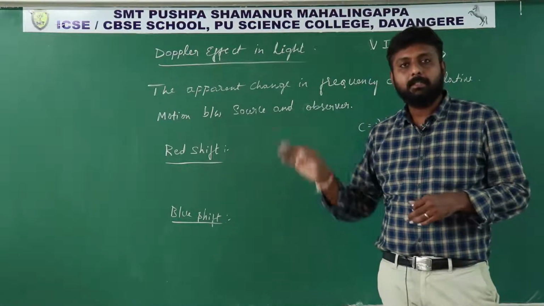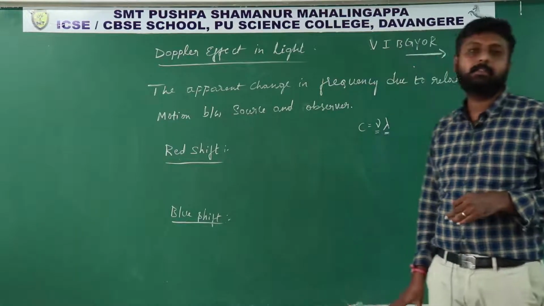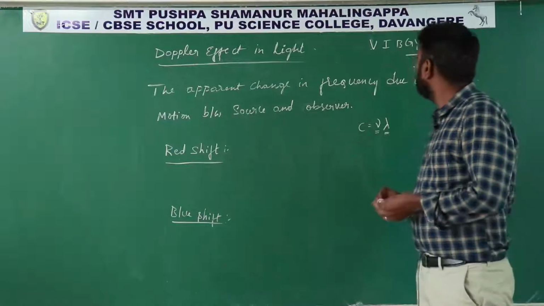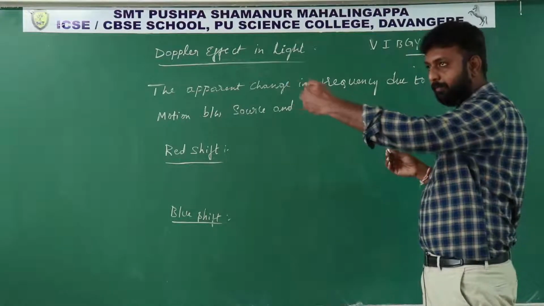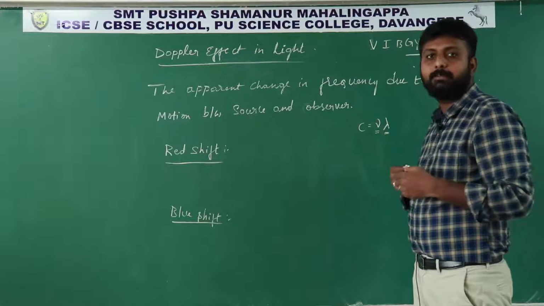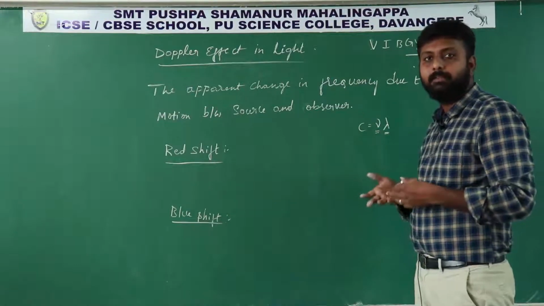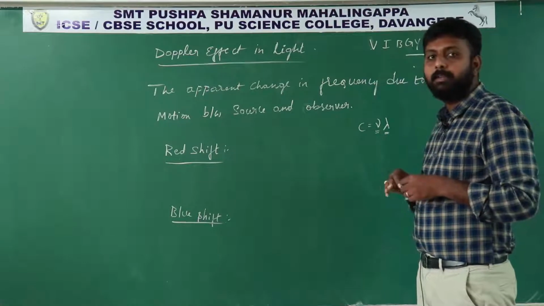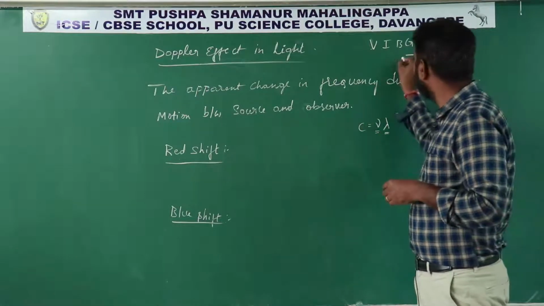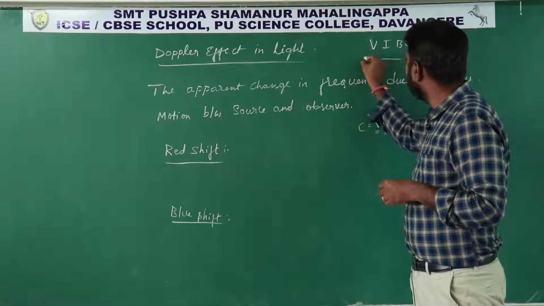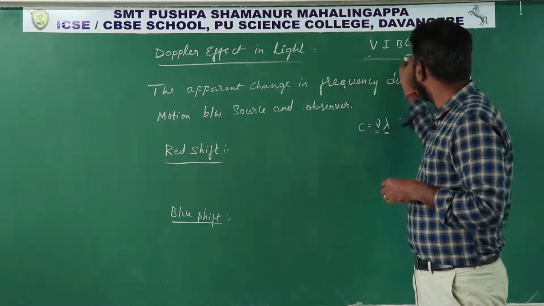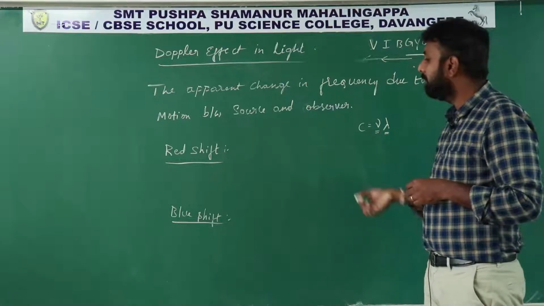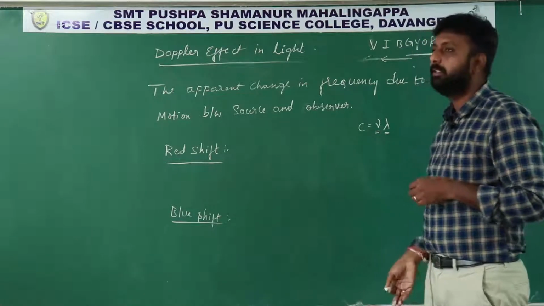This apparent decrement in wavelength is called blue shift. Frequency increases means wavelength decreases. That means it will shift towards blue color light, isn't it? Hence the name is given as blue shift.